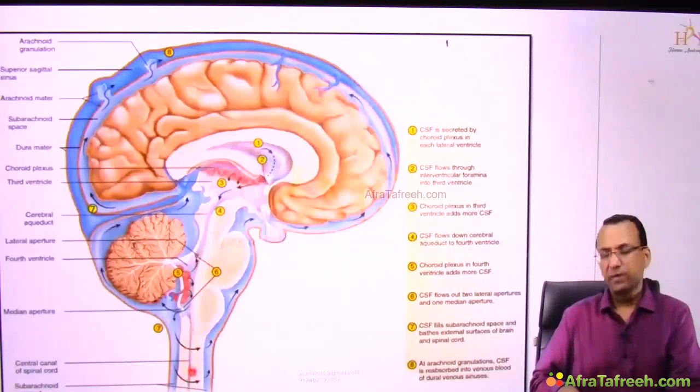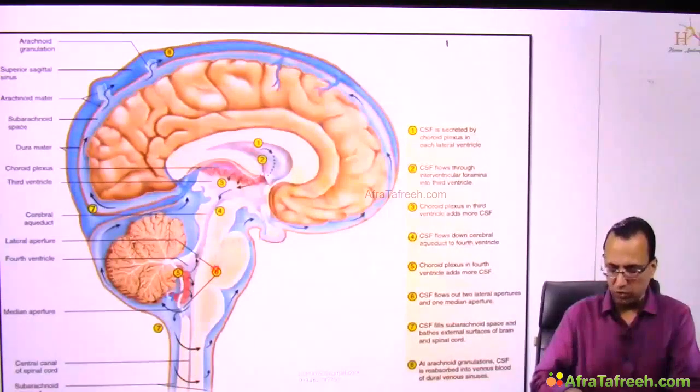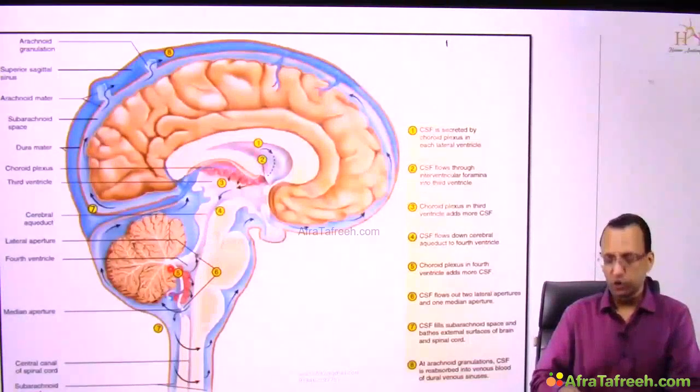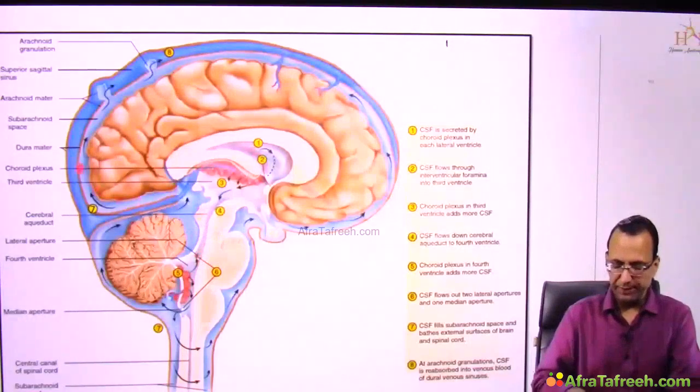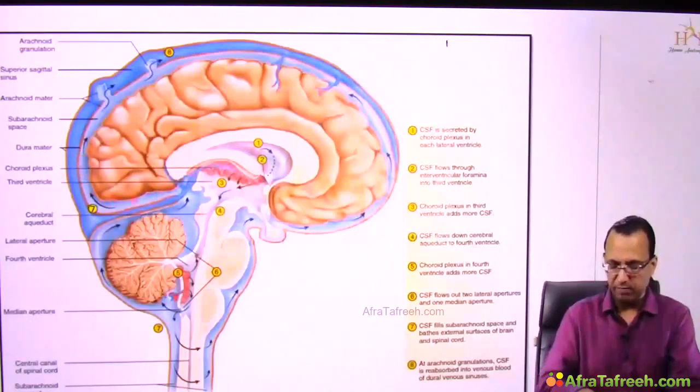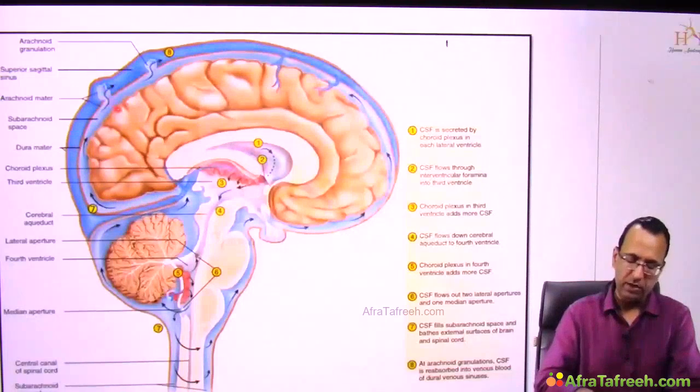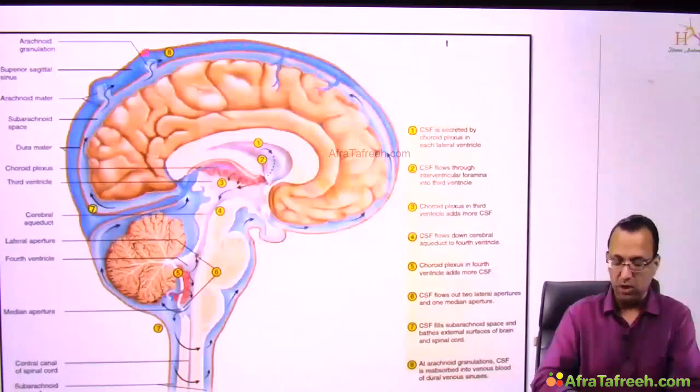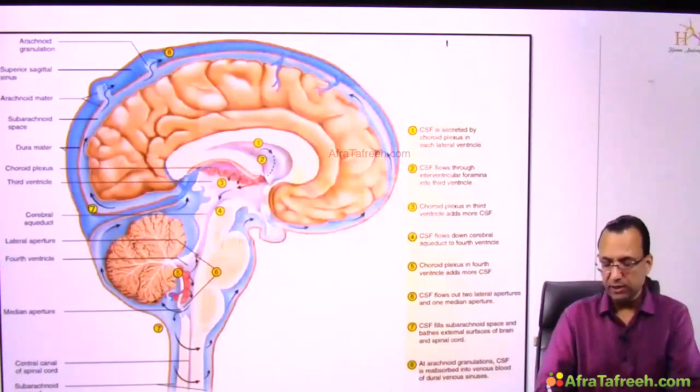It may also escape out through the various openings, which could be the Magendie or Luschka foramen, so that it will come into this space, which is called the subarachnoid space, and from the subarachnoid space it can move into what are called arachnoid granulations, and from the arachnoid granulations it will be absorbed into the dural venous sinus, like this superior sagittal sinus.